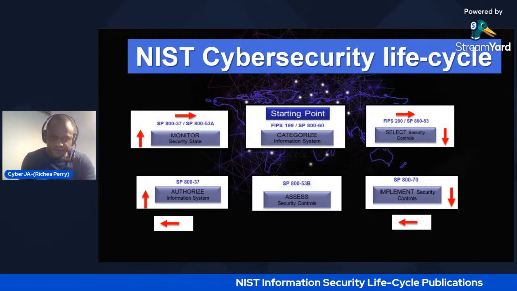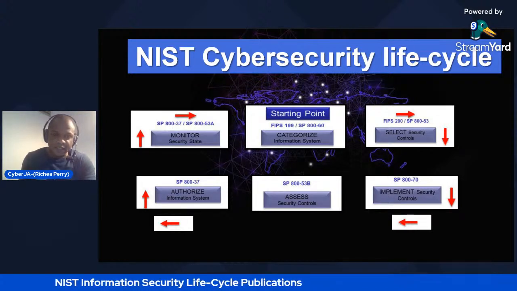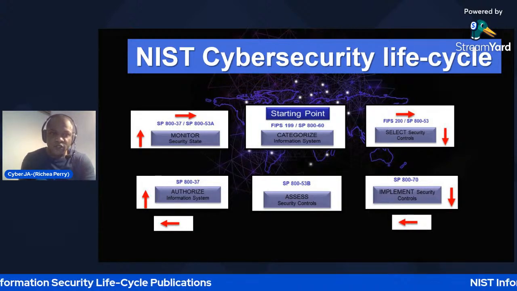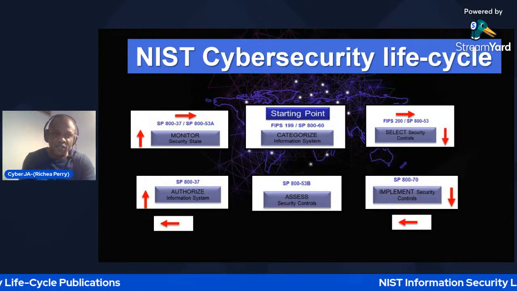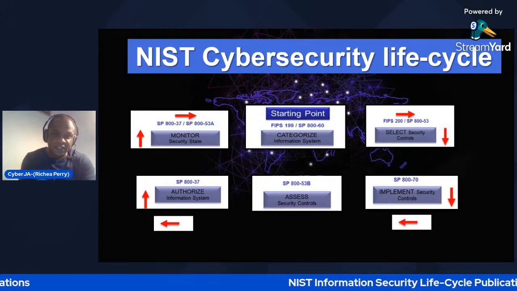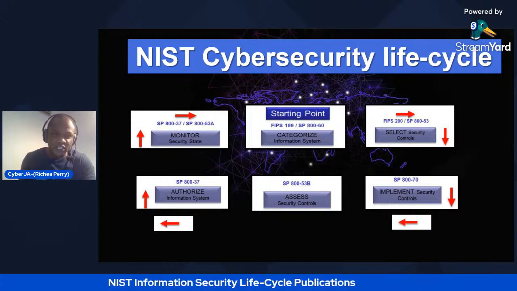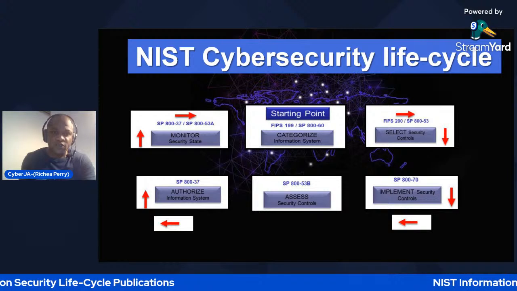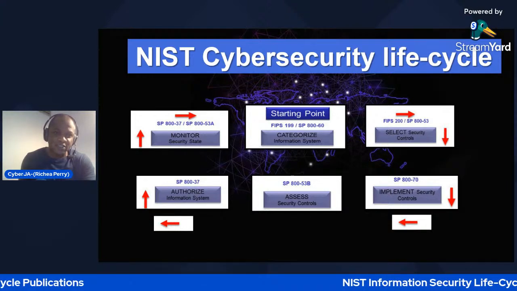Then we have SP 800-137 in conjunction with SP 800-53A that looks at monitoring the security state. And this documentation looks at continuously tracking changes to the information system that may affect security controls and reassessing control effectiveness.